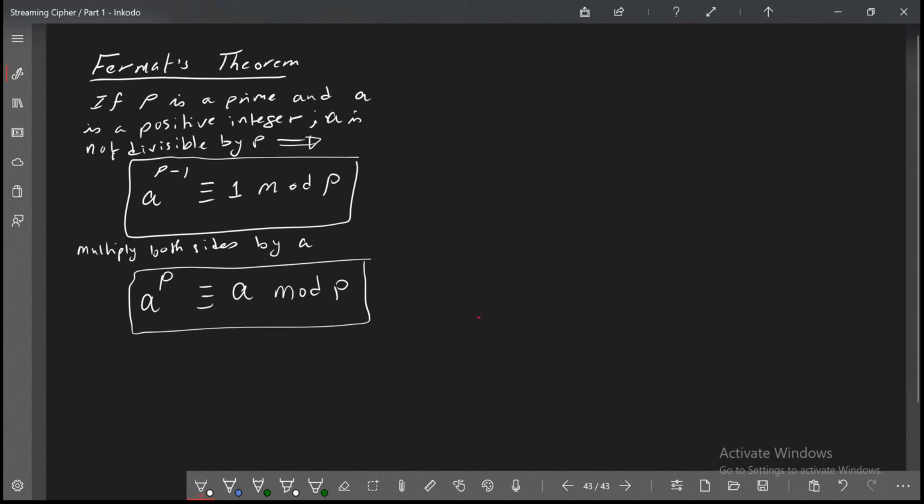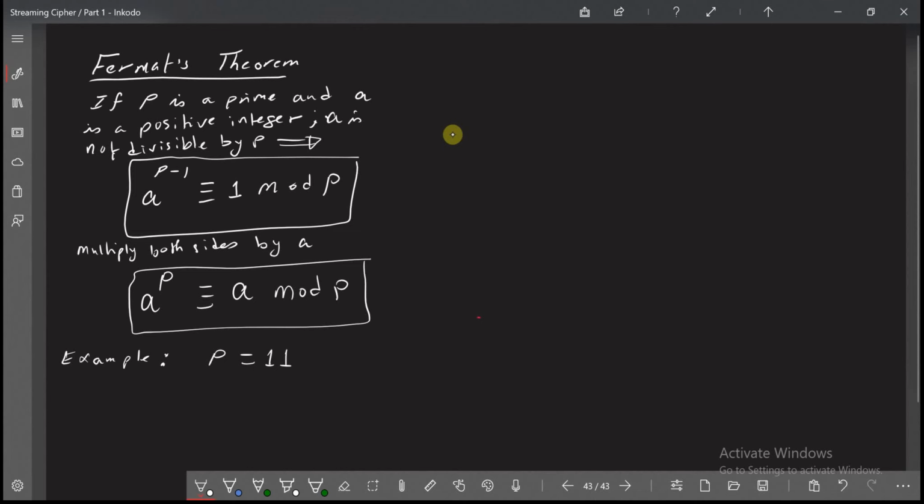Now, to give you an example, of course, we pick two numbers, one for p and one for a. For the sake of argument, let's say that p is a prime number, which is, let's say, 11 is a prime, and of course 11 is only divisible by itself or 1, so p is given.